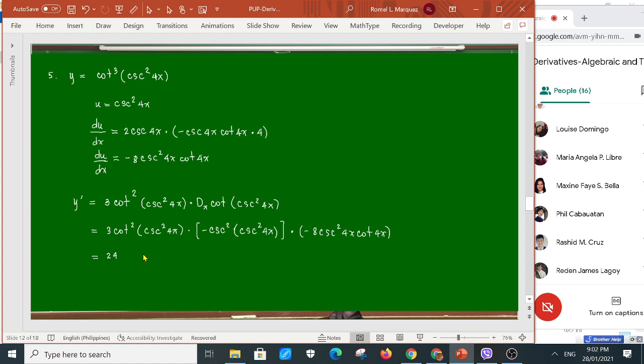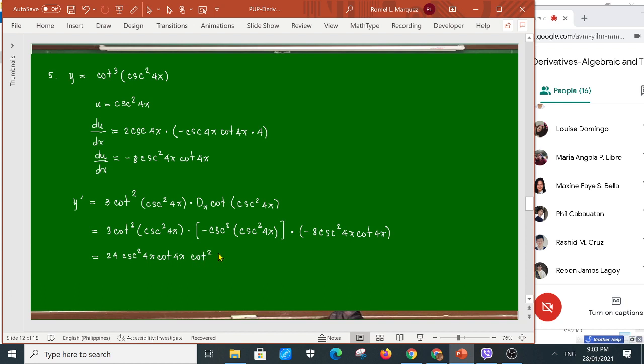24. Then, unahin muna natin yung mga simple functions. Cosecant squared 4x, cotangent 4x, then times itong cotangent na to.